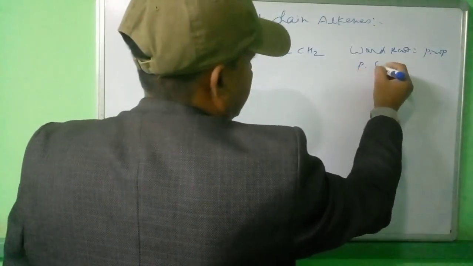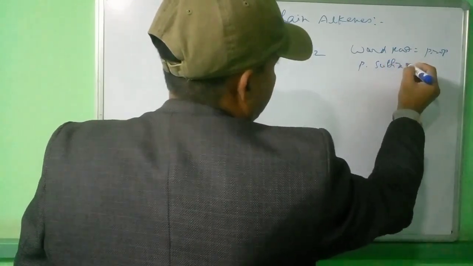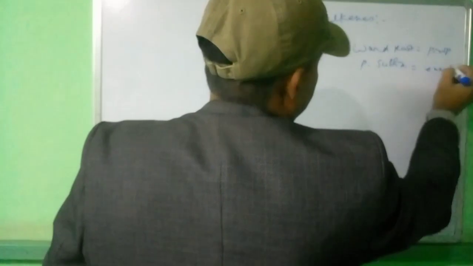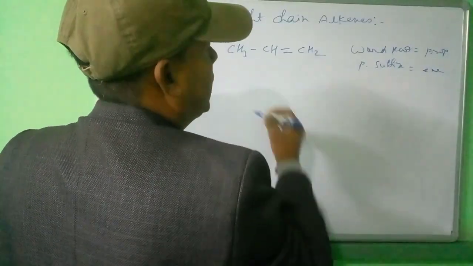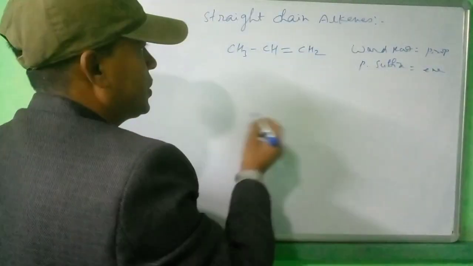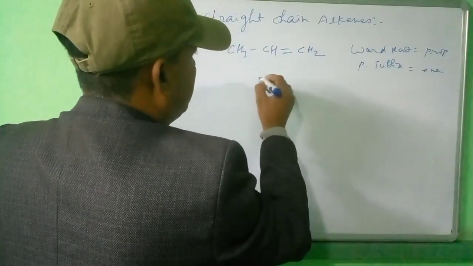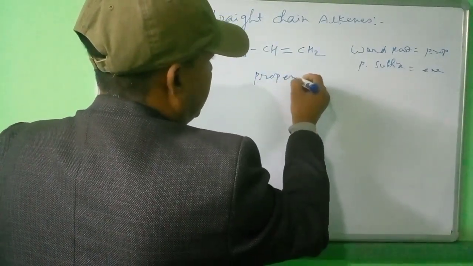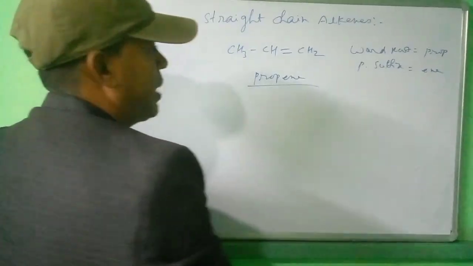And the primary suffix is ene, because of the double bond. There is no primary prefix or secondary prefix. So directly write down prop as the word root and ene as the primary suffix.